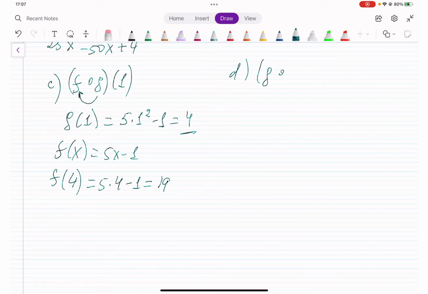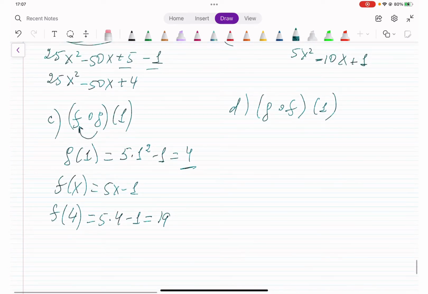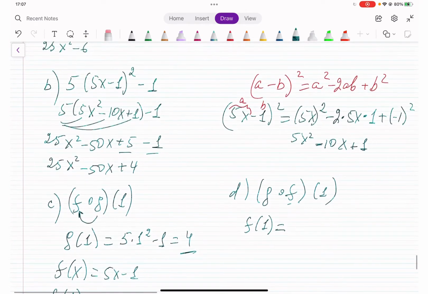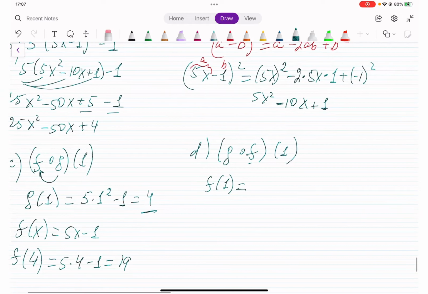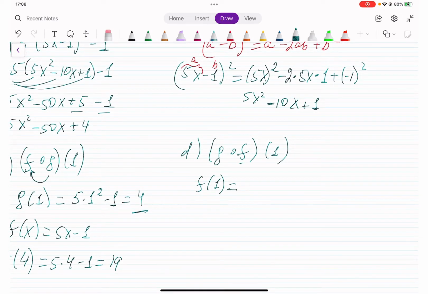And lastly, we are going to go vice versa. G composite with f for 1. Which means first I need to find f of 1. Since we have f of x as 5x minus 1, it's going to be 4, right? Same thing.